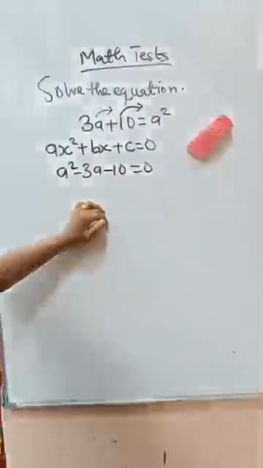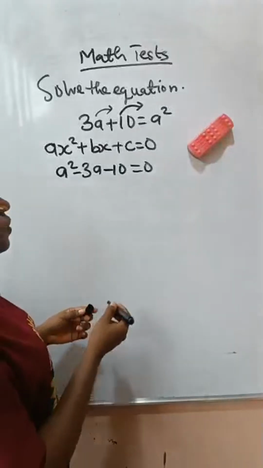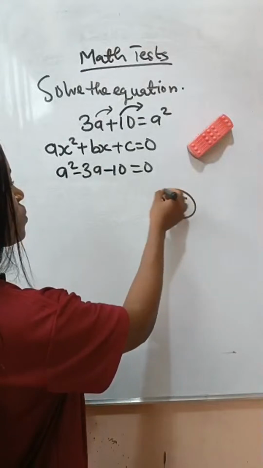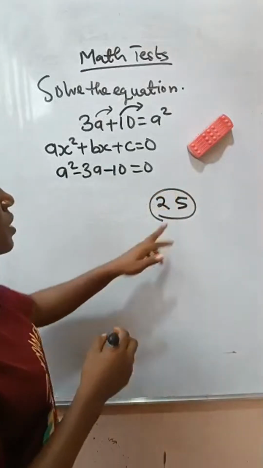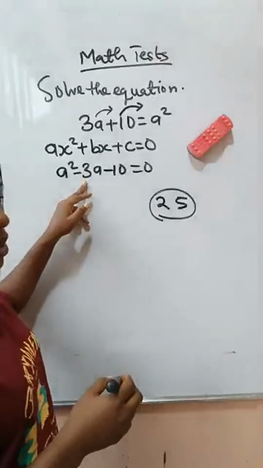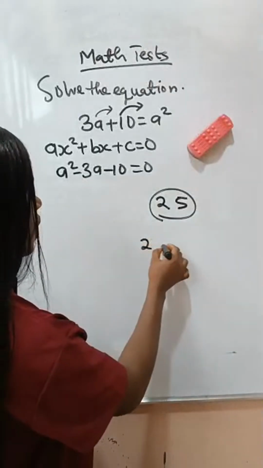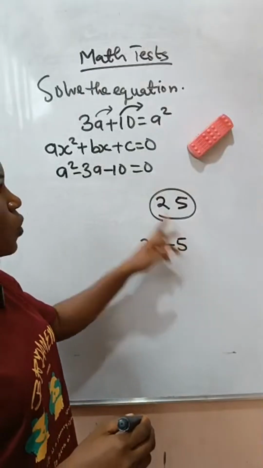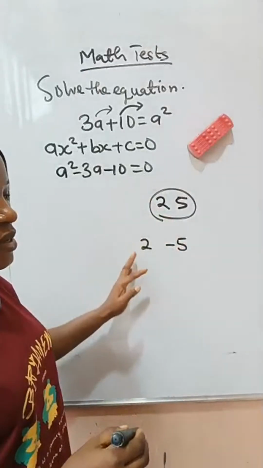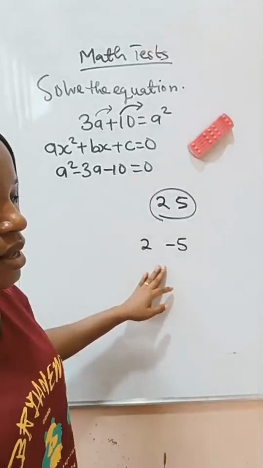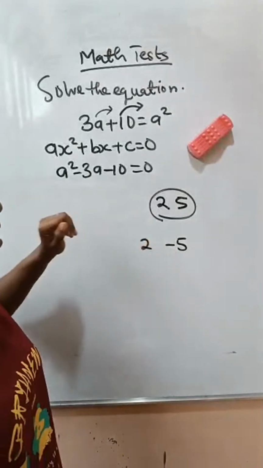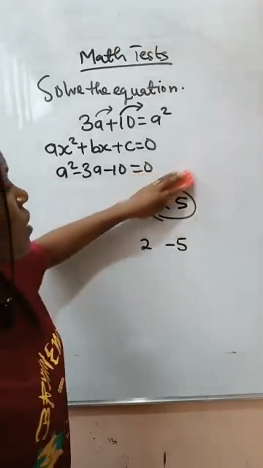So the factors of 10 are 2 and 5. If I look at 2 and 5, I know there is something I can do to get minus 3, and that is 2 and minus 5. Then we check: 2 times minus 5 will give us minus 10. So these 2 numbers fit. We can use them as the 2 factors we are looking for.